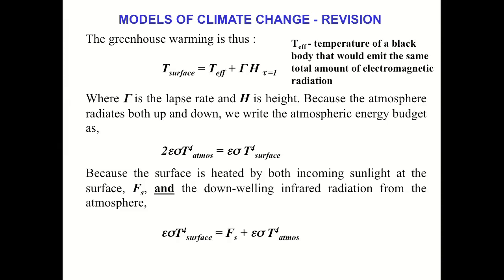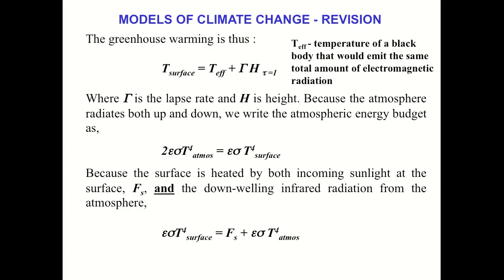Now, of course, the surface is heated by both incoming shortwave solar radiation, or a fraction of it. Some of it's reflected by various components in the atmosphere and the surface itself. But of course we've got this extra downwelling radiation from the absorbing atmosphere. So the budget is essentially this term, plus the incoming shortwave, plus this extra long wave term from our black body atmosphere, or near black body atmosphere, epsilon sigma T to the 4th, where T is the atmospheric temperature.